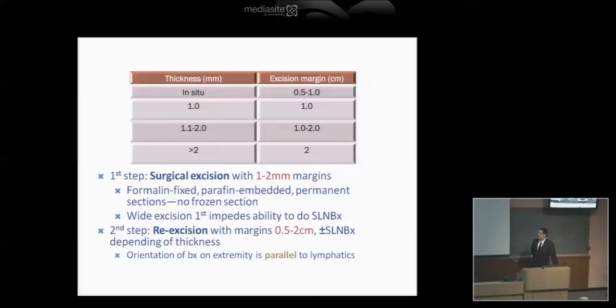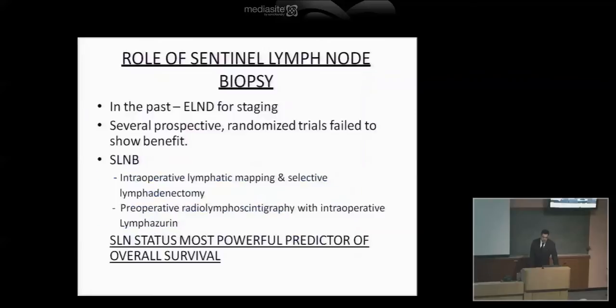Re-excision would depend upon how thick the melanoma is, as determined by the pathologist, and then you go ahead and excise with the appropriate margin. Whether or not to do a sentinel lymph node biopsy depends upon the thickness of the lesion, and I'll mention that in my next slide. The orientation of the biopsy, specifically in an extremity, should be parallel to the lymphatic drainage.